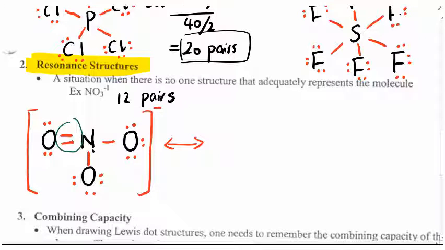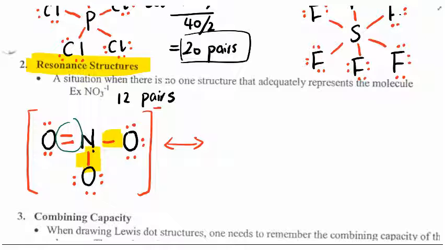Where else could you draw this double bond? I'm sure you guys are able to tell, for this double bond, you could place this double bond here or here, okay? And they are pretty much the same structure.